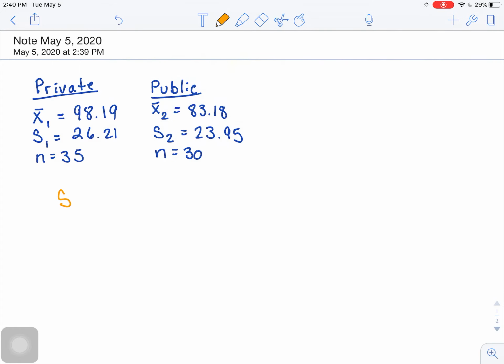First, we need to find the pooled sample standard deviation. I'm going to write down the equation.